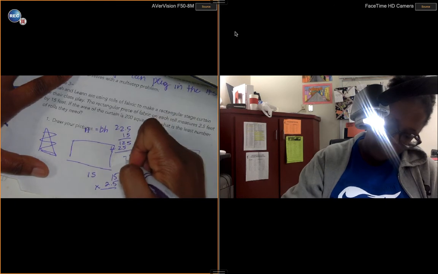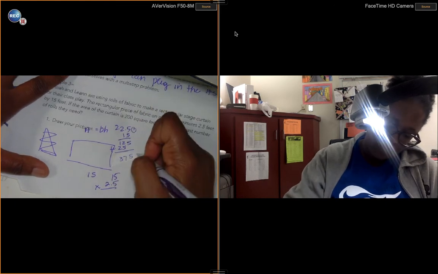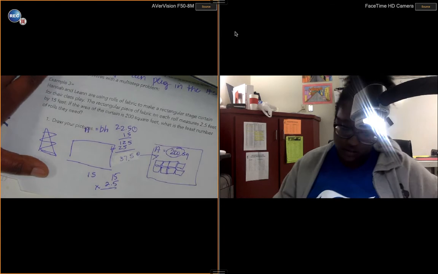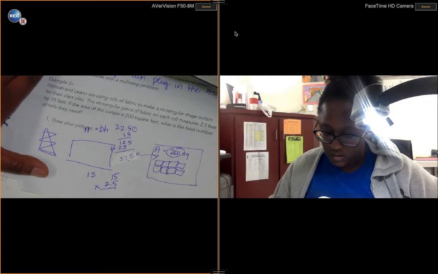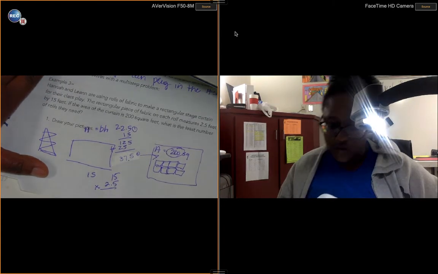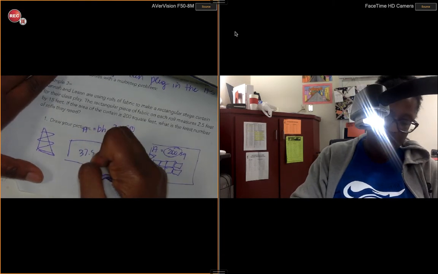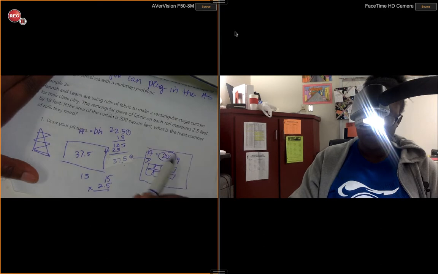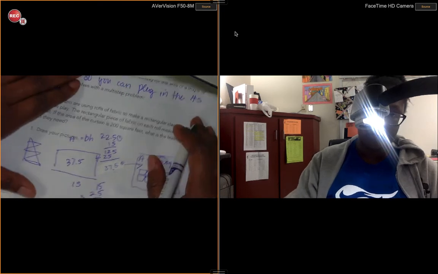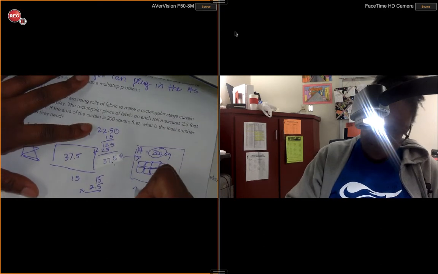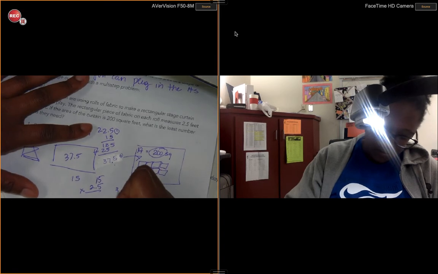Let me double check. 15 times 2.5 is 37.5. So each of these little pieces is 37.5, but we need a whole bunch of these to fill up 200. So we need to figure out how many we're going to need, so we would divide. It'd be 200 divided by 37.5.